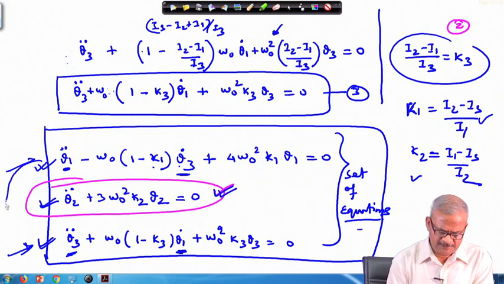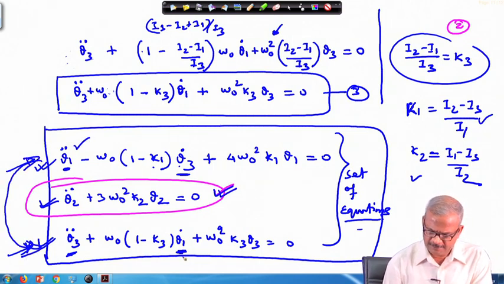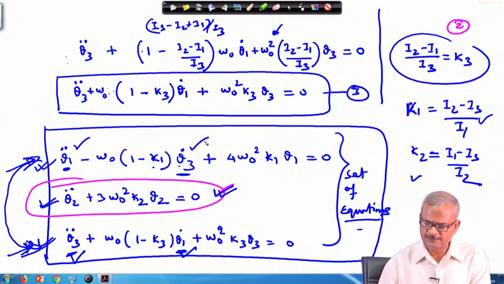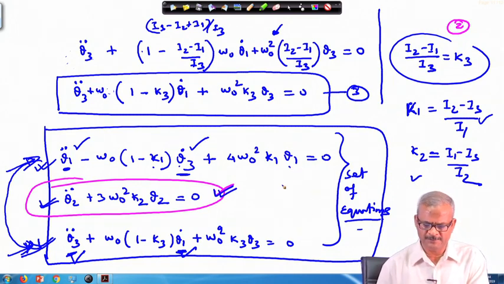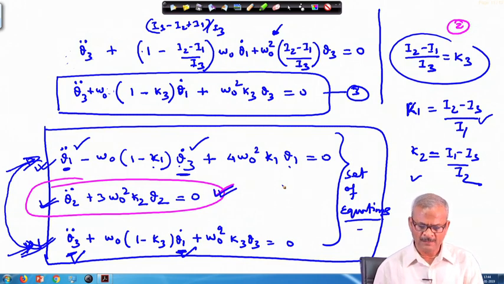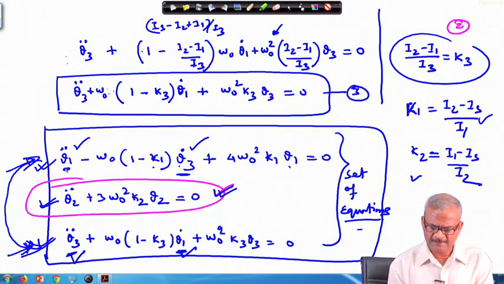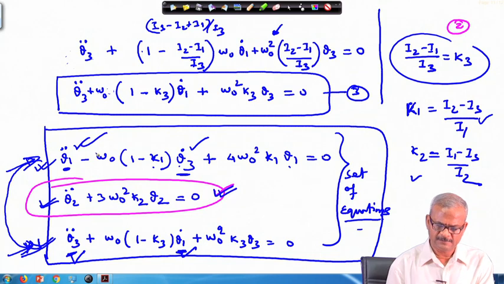What we see is that these two equations are coupled together, because theta 1 appears here, theta 1 also appears here in this place, and theta 3 appears here as well. So, these two equations are not independent of each other, they are related to each other, and in fact, I can take the double derivative of this equation.